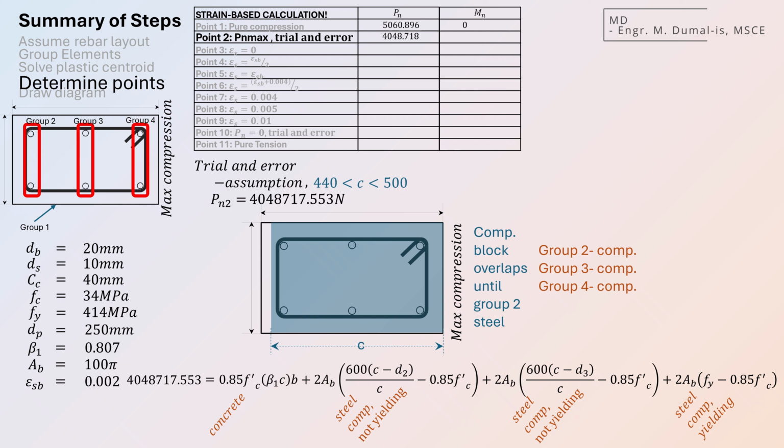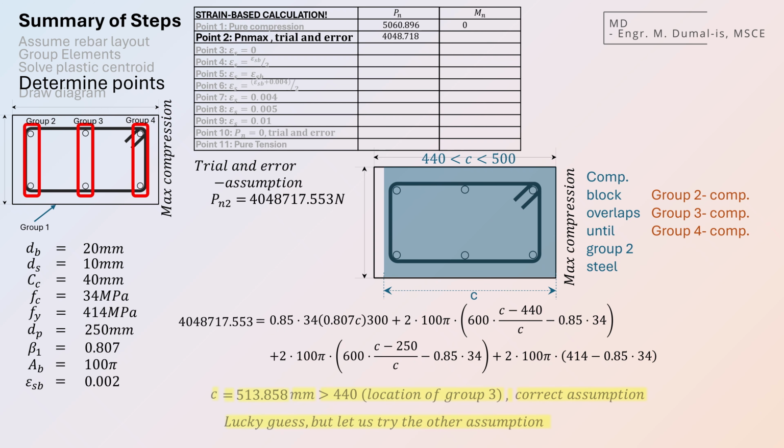Group 3, the middle steel, also compression and not yielding, same formula applies. Group 4, the rightmost group, compression and yielding, we use fy. And remember, for all compression steel, we subtract the displaced concrete stress, 0.85 fc', from fs to get the net force contribution. We then sum up all 4 group forces to complete the expression for Pn under this condition.